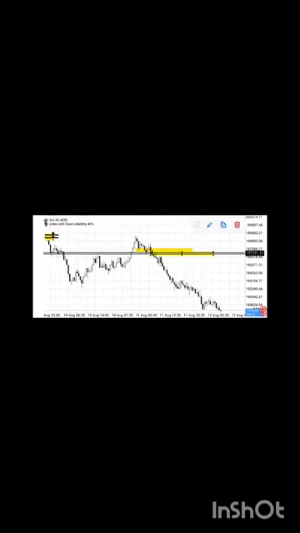Just know that inside here is a resistance. So I'll wait for the market to pull back towards here, even if it doesn't touch it. As it pulls back, I'll put my SL here, somewhere above, because I know this is the reason, and then I will sell.